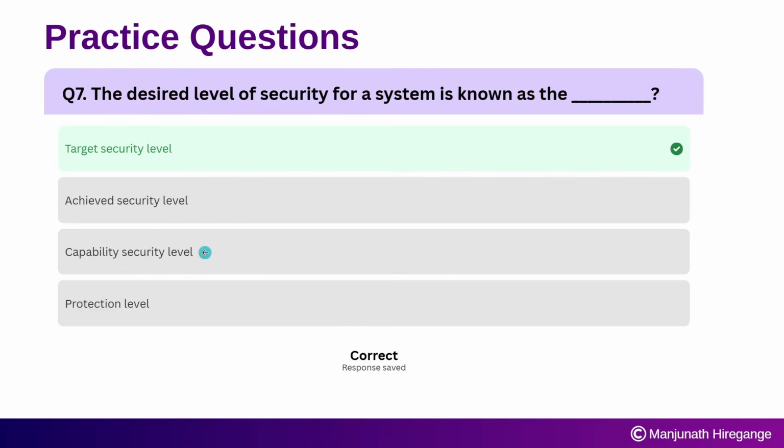Capability is a system's ability to meet certain security requirements. And the protection level is a general term but not specific to the desired security level in this context. So the right answer is SLT, that is target security level.